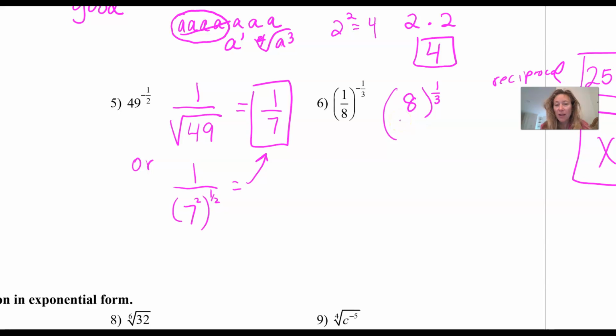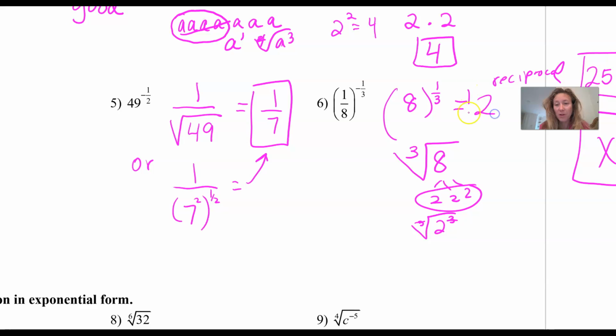So I'm really thinking, okay, 8 to the 1/3 power. So it's the 3rd root of 8, and 8, you know, is 2 to the 3rd power. So 2 to the 3rd, inside of the 3rd root, those exponents cancel each other out, and the final answer for this is the number 2. Very cool.